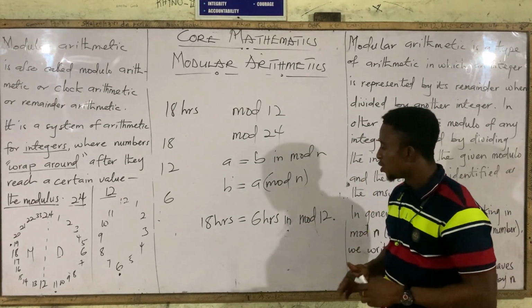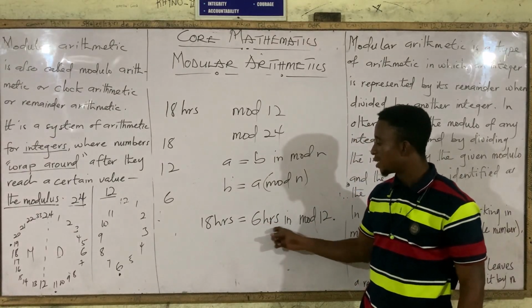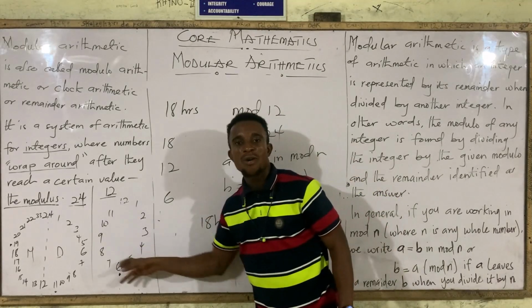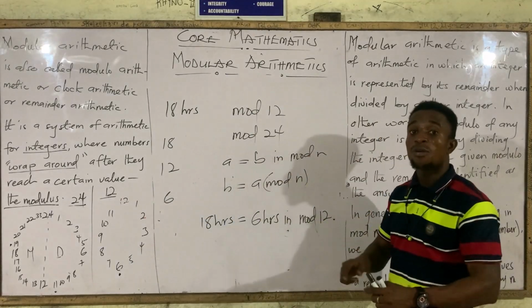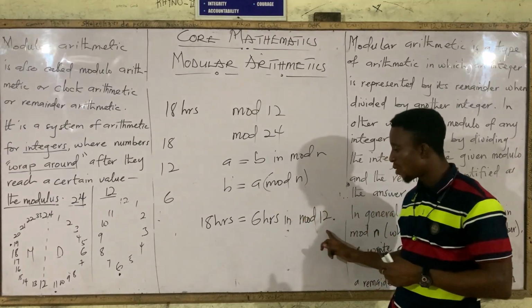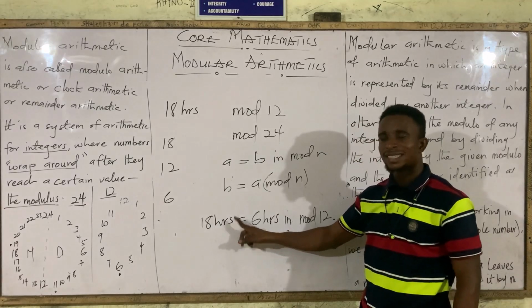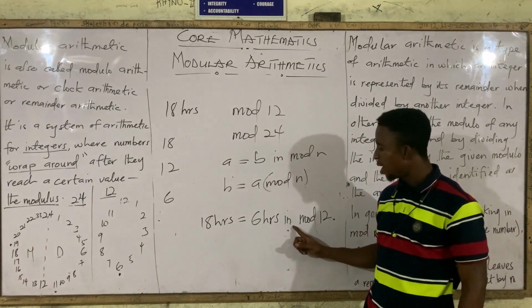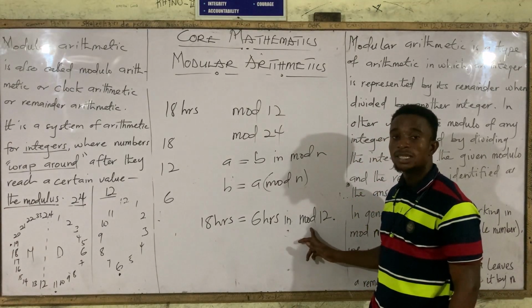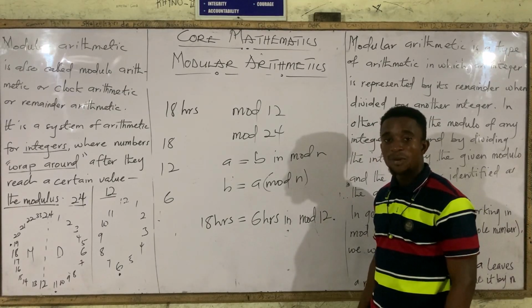So 18 hours is equal to 6 hours in the 12-hour clock. We know the 12-hour clock always wraps around when it gets to 12. That is why we are having it. So 18 hours is now equal to 6 hours whenever I take it in mode 12.